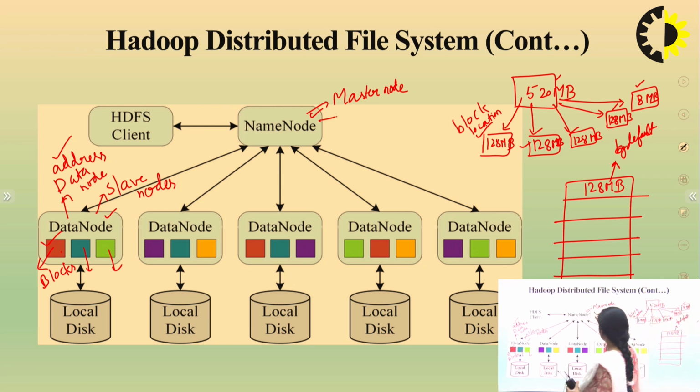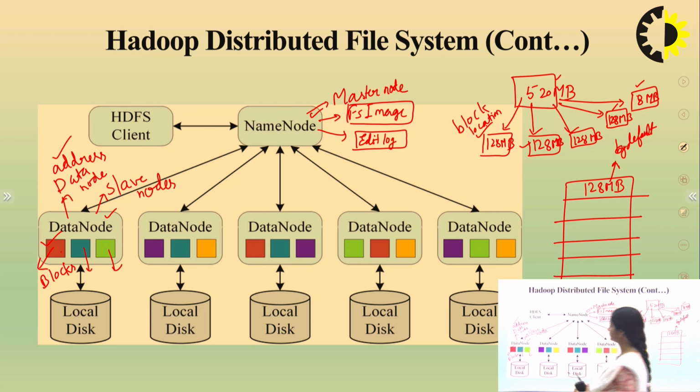In the name node there are two terms. First is fs image and second is edit log. Suppose there are some changes in the files.